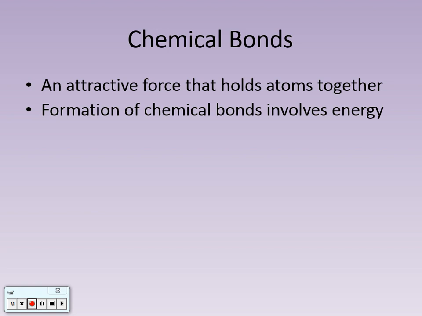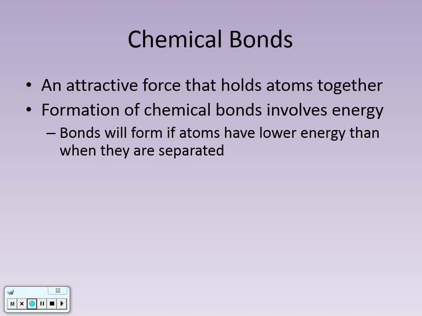Not none, but lower. Things happen because they end up with less energy than we started with. Naturally, things happen in order to get objects, mass, whatever it is, to a lower energy state.